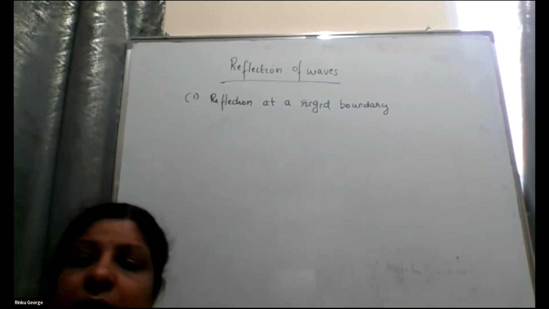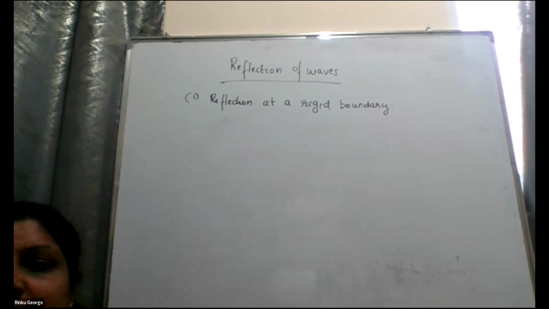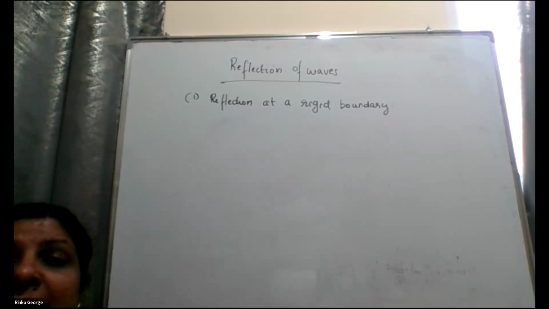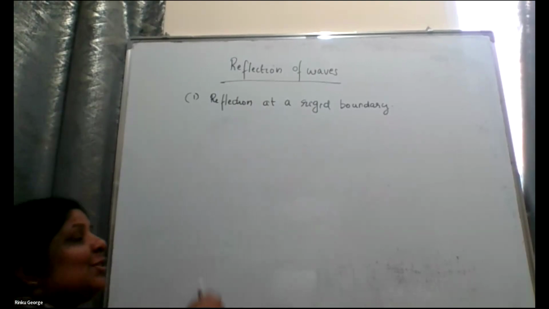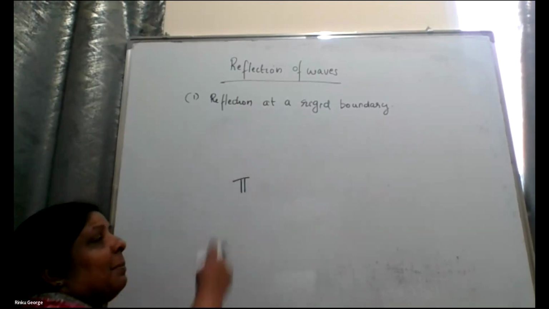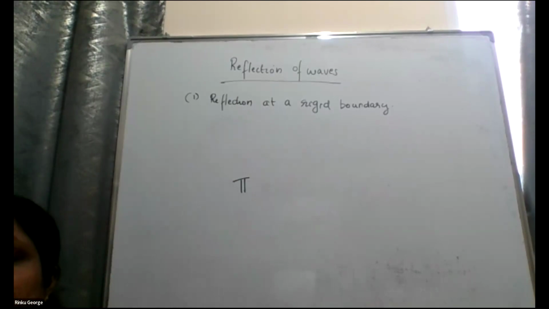Pi, that is 3.14, or 180 degrees. Okay, Snigdha, phase difference of pi radian between the incident and reflected waves.